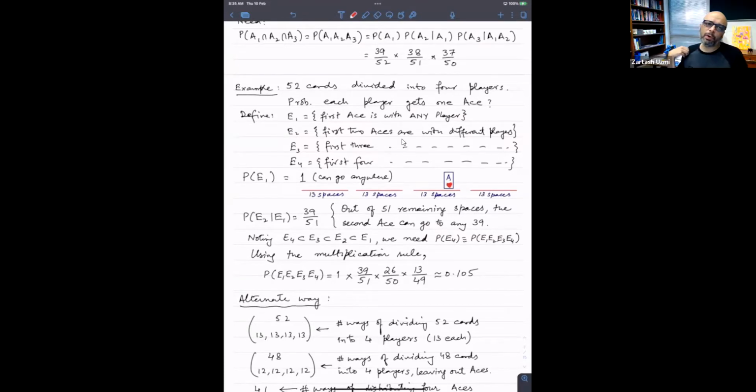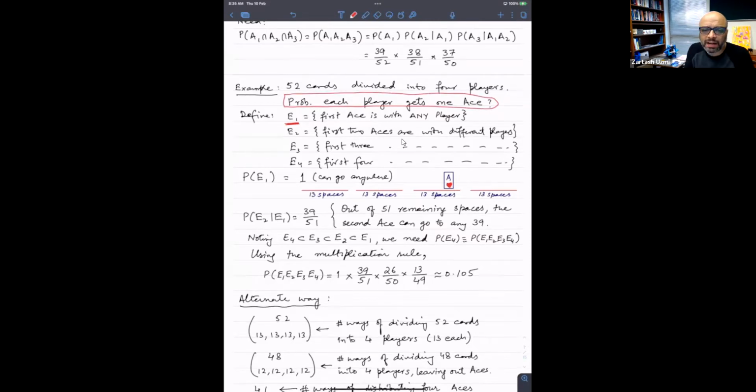So it's important to realize how we have defined these events. So we have defined the event E1 that the first ace can go with any player. Okay. What is our goal? Our goal is that we have to find the probability that each player gets one ace. Each player gets one ace.